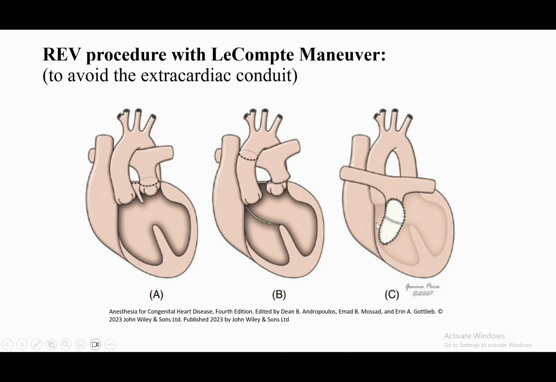So it has better outcomes in the long run, but it is technically difficult because pulling the pulmonary arteries anteriorly may put tension on the pulmonaries and on the heart itself. The apex may be pulled outwards. That may compromise the anatomy and the hemodynamics a little.